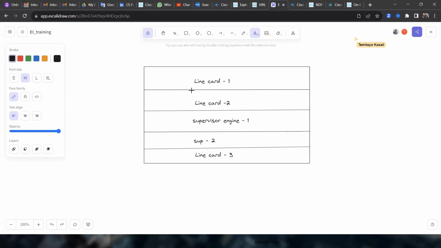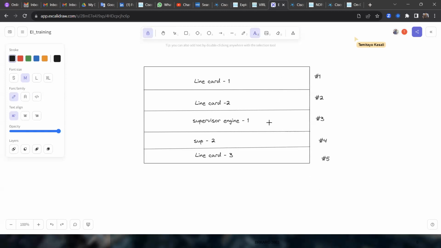If you see such a type of switch, you can mark out how many line cards you have, including the supervisor engine. So this is line card number 1, then line card number 2, line card number 3, line card number 4. This is one example, and this is line card number 5.